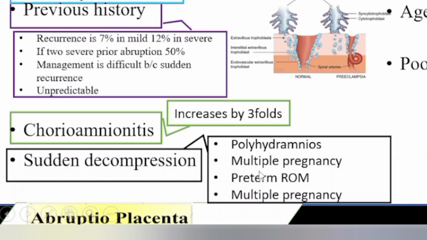Usually in polyhydramnios and multiple pregnancy, when there is sudden decompression or leakage of fluid out of the uterus, the surface area of the uterus is decreased. At that time, there is a shearing and detachment of placenta. Okay, the other is trauma.